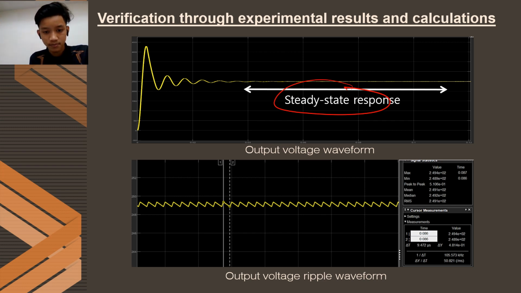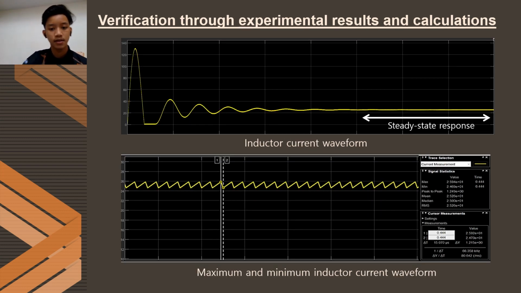If we zoom in, we can get the output voltage ripple. So this is the ripple here. Then this is the inductor current waveform, which is similar to the previous one, and we can see the inductor current at the steady state response.